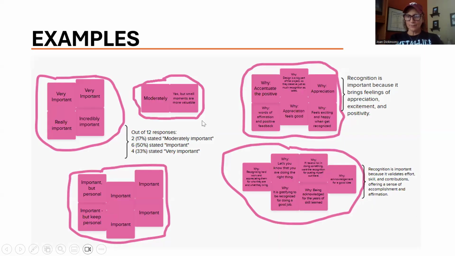Here's another example of a figure from a student thesis. And here the student is using affinity clustering to analyze qualitative interview data. And so you can see how she's grouping the sticky notes together. And what she's doing is she's grouping them together again by particular themes, phrases, maybe common words that are said.